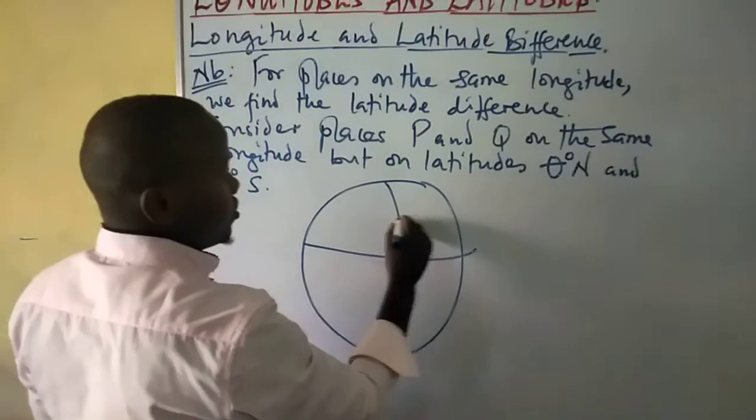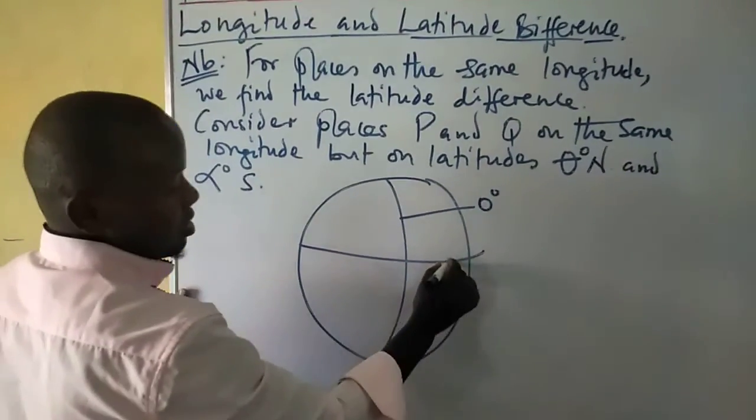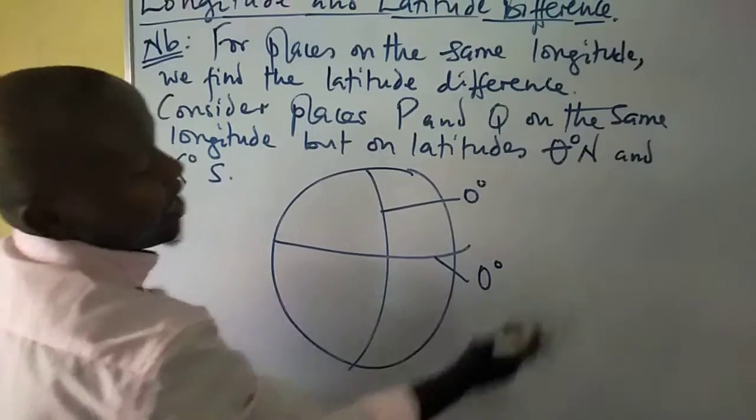This is 0 degrees prime meridian. This is 0 degrees the equator.